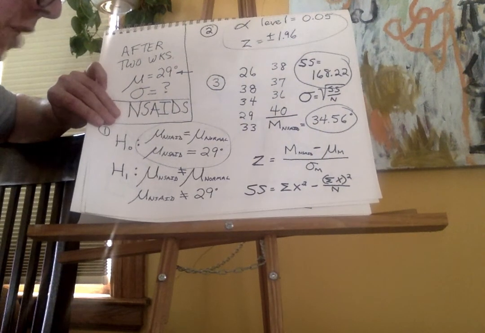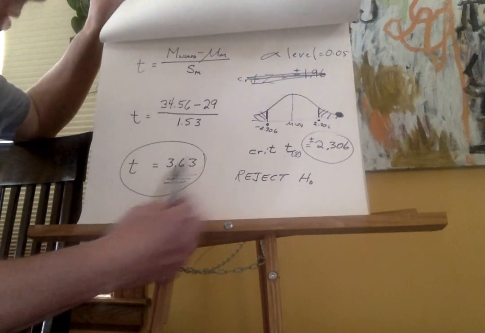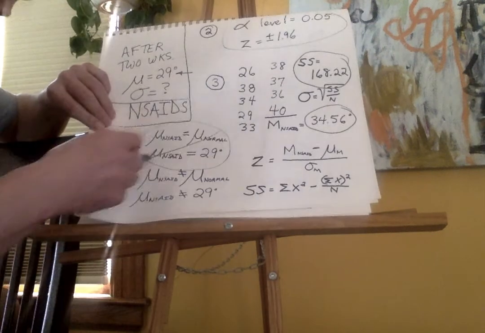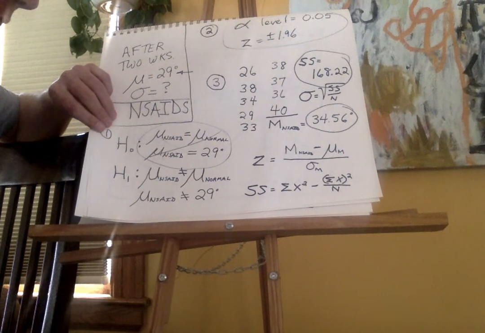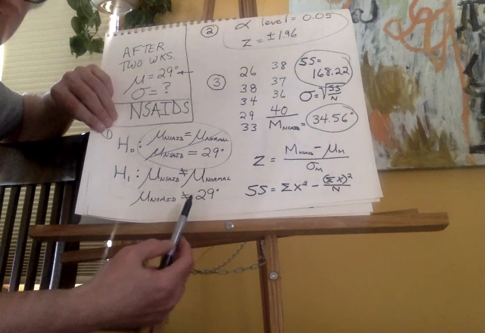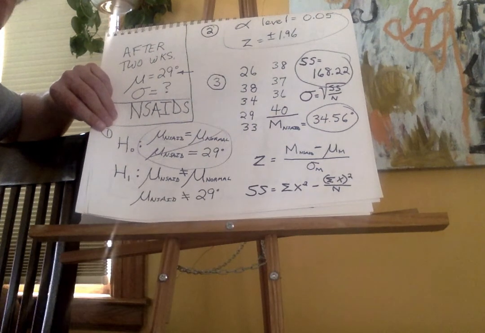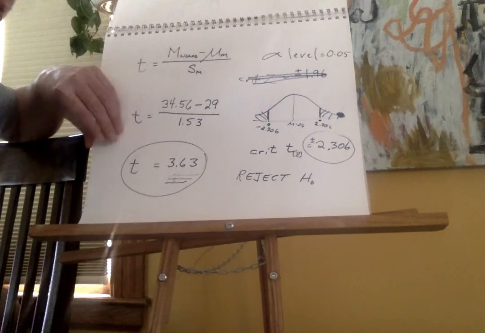That's what we are rejecting based on this value compared to that. Okay, we're rejecting the null, and we're left with this. And I'm saying my NSAID group looks like it's different than 29. Okay, when I give people NSAID, they look like they're doing something different than 29 degrees. That's what the rejection of the null is. Okay?